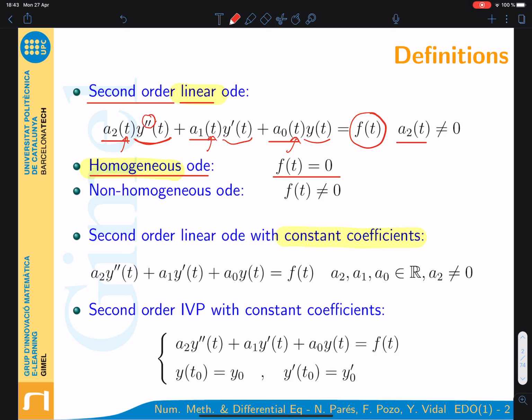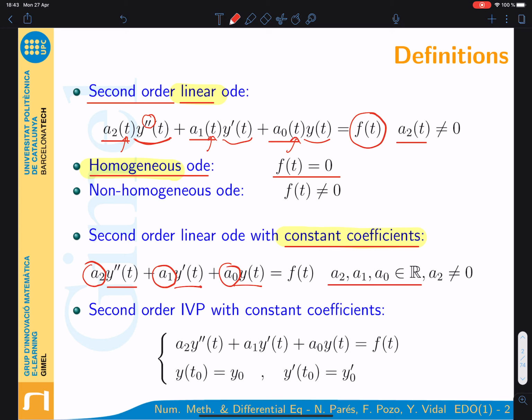When we say that we only deal with constant coefficients, that means that now the coefficients a2, a1, and a0 that multiply the second derivative, the first derivative and the function, they are real numbers, okay? So they do not depend on t. They are real values. 3, 2, square root of 2, whatever, but they are real numbers.